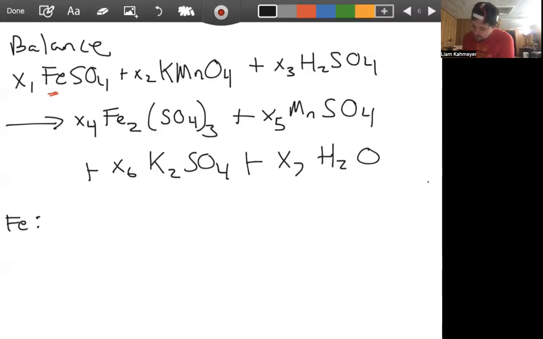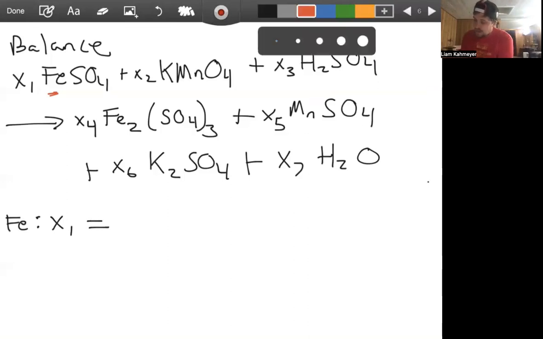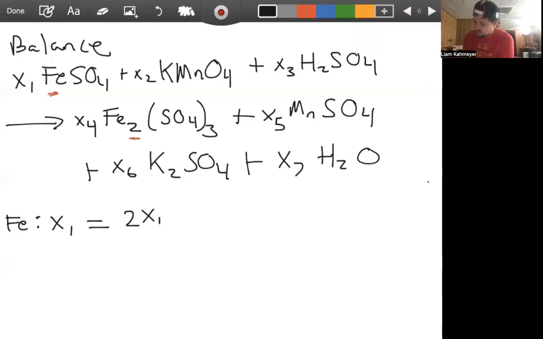We would need X1, because there's 1 iron in the first term, there's none in the rest. This needs to be equal to, after the reaction, 2 irons, and so we would need this to be equal to 2X4. And then I don't see iron anywhere else in the reaction. And let's go to the next one.